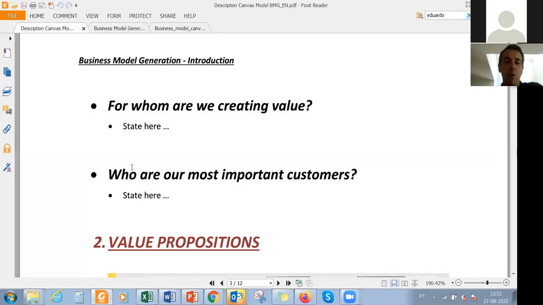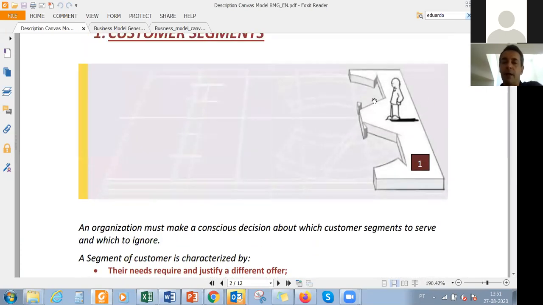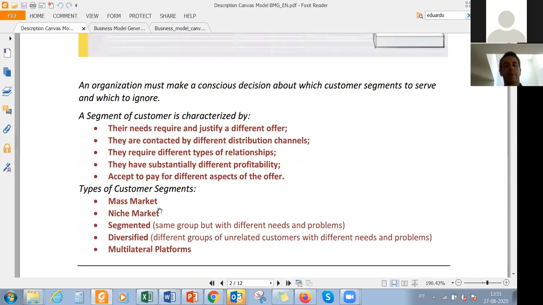So trying to create a good understanding about who is interested in our homemade pizzas could not be easy to understand. And then who are the customers that are more important for us? Those are two relevant questions to try to identify what are customer segments. Customer segments could be, we could have a product that is not so differentiated, and the market is the overall market, a mass market product.